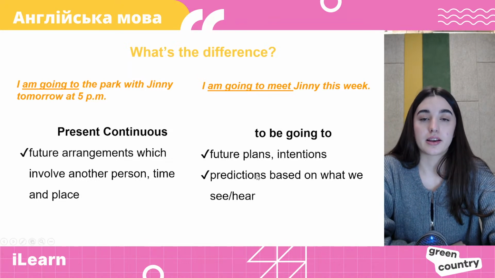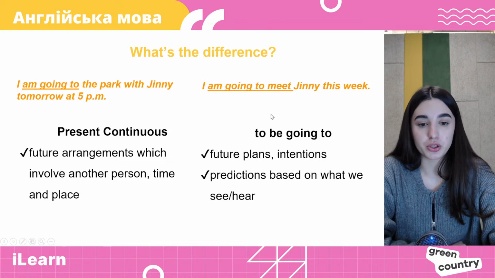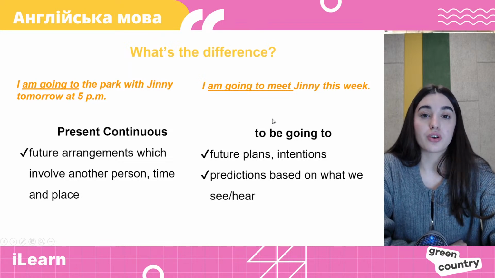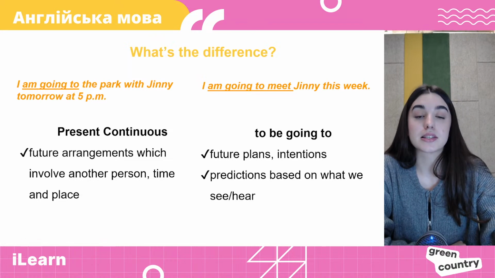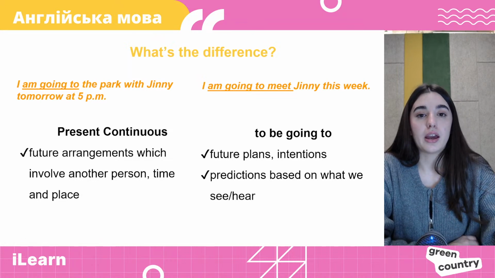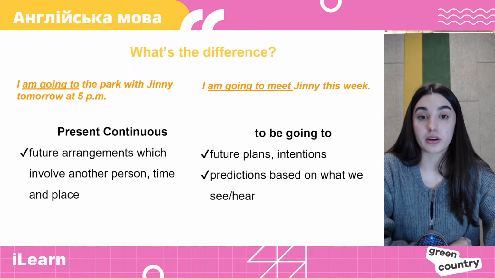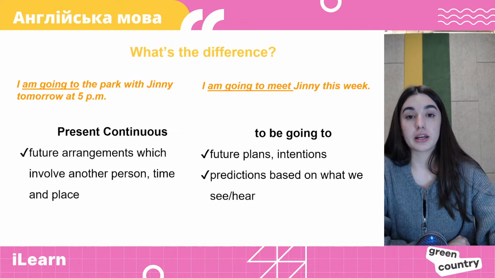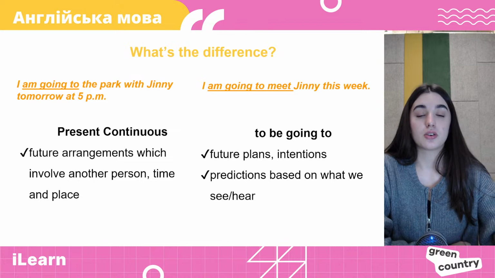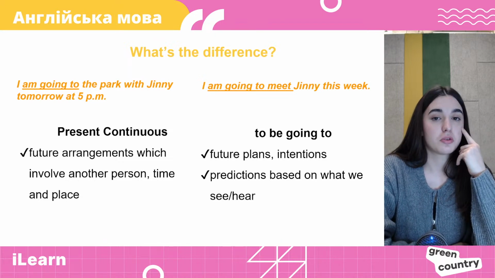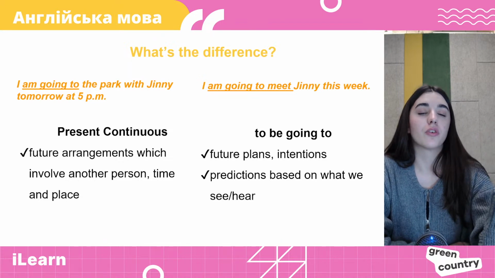And in the second case, we use to be going to. This structure we use when we talk about future plans, dreams, intentions, or about our predictions based on what we see or hear.